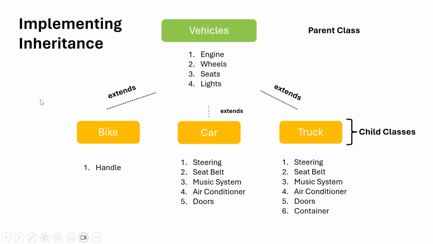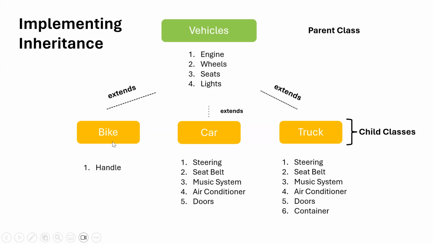So let us try to understand how you will implement inheritance in Java. What will you do? You will put all the common features in the vehicle class, and that will work like a parent class or the super class. But each and every independent class like bike, car and truck will implement their unique features.